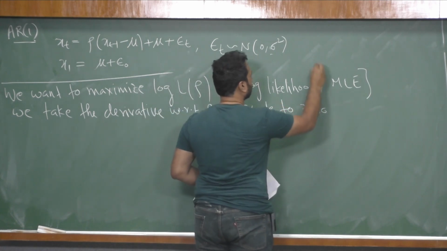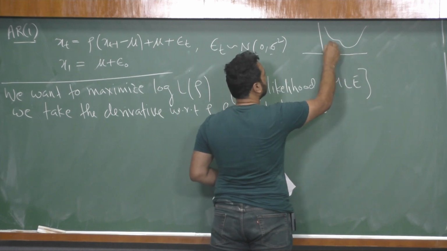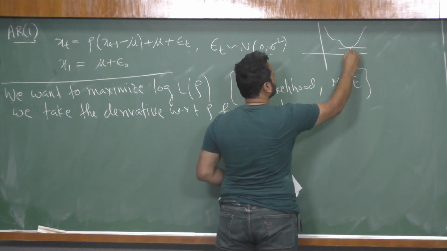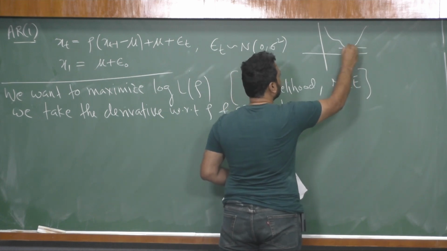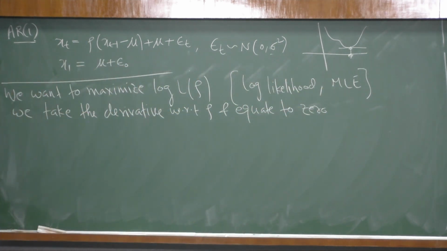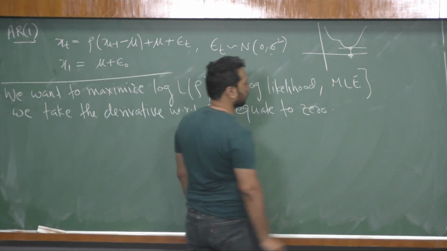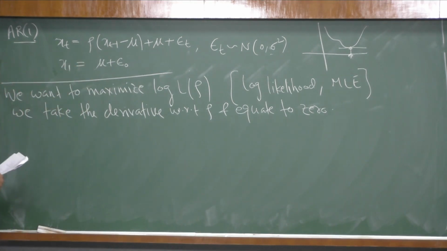This is something we recall from calculus, that if I have to find a minima of a function, I look for the point where the tangent becomes flat. That's why we take the derivative and equate to 0, because at the point of minima, the gradient should be flat. Obviously, there are a few more details, that it is a convex function and so on. We assume here that it's convex in rho.